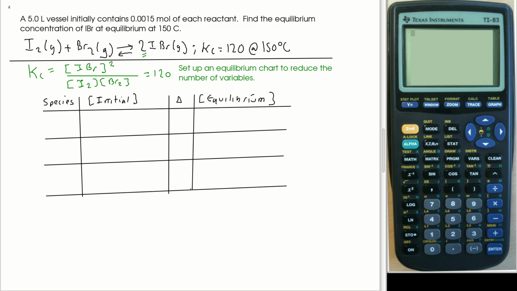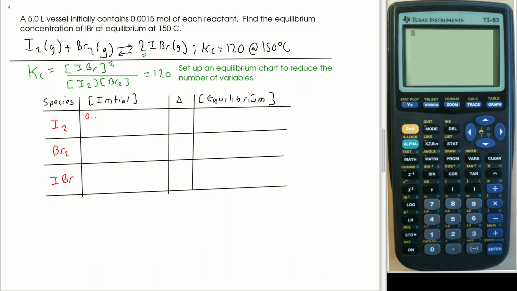So I've got my charts started. I'm going to have iodine in here. Going to have bromine, and I'm going to have iodine monobromide. Whoops, should be a 2 there. So, initial concentrations. We know there's some iodine and some bromine in there.